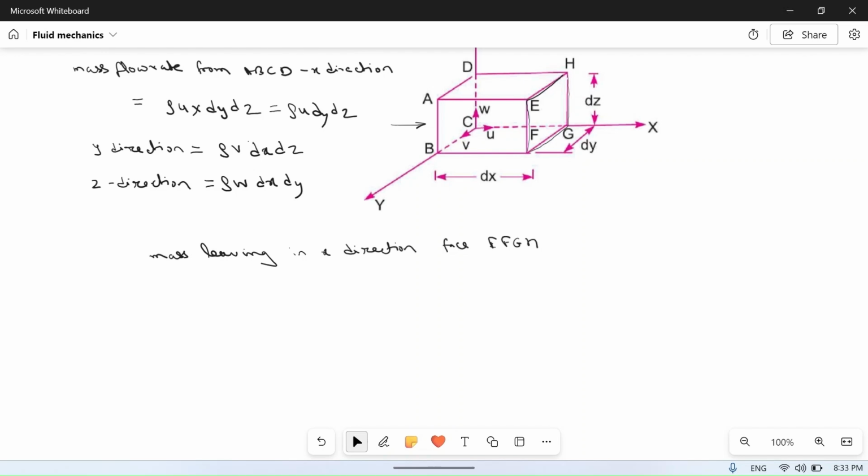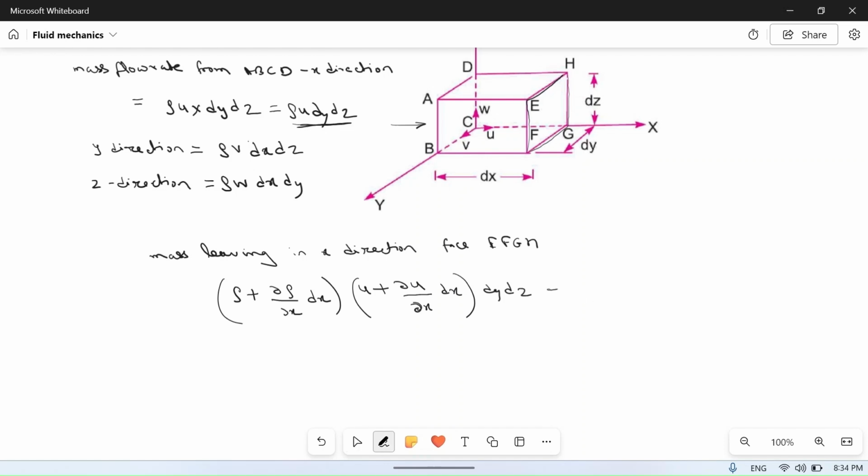There will be a change in density with respect to x, so the density will become rho plus del rho by del x into dx. This will be the new density because it has changed. Then what else can change? The velocity u will change: u plus del u by del x into dx is the new velocity in the x direction. The area dy dz will be the same.